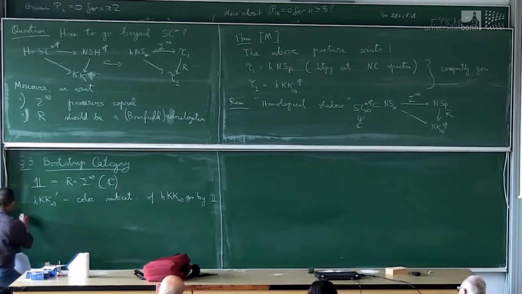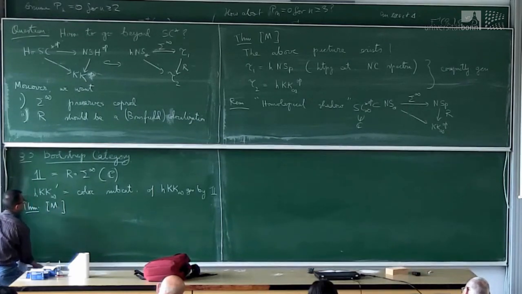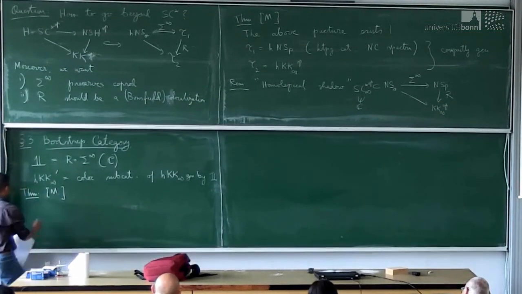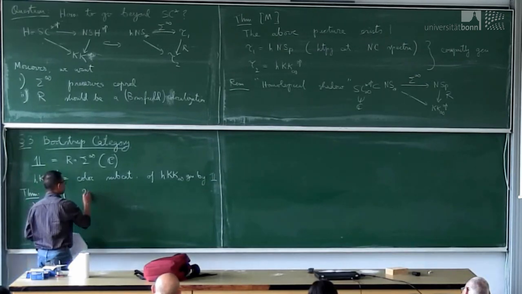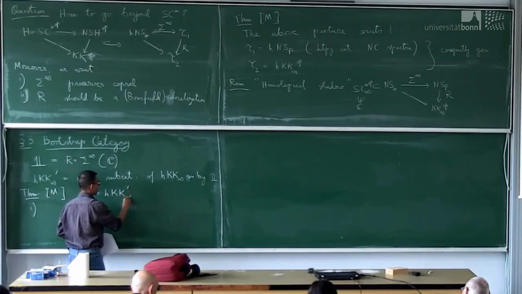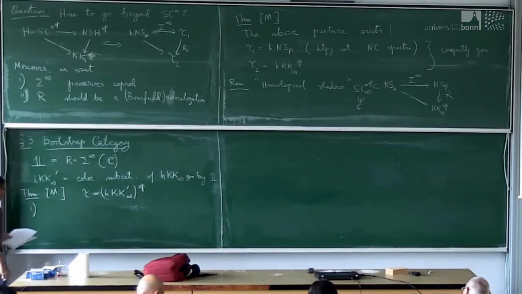And in this setup, there is a theorem. So many parts. Number 1. Let me set tau to be HKK prime, this whole thing. This will simplify life.